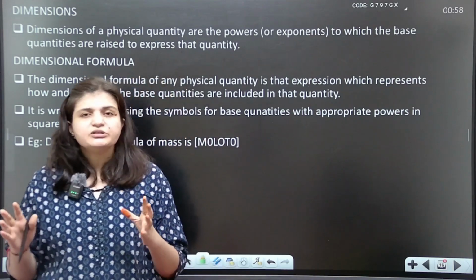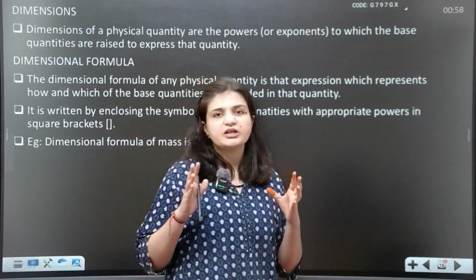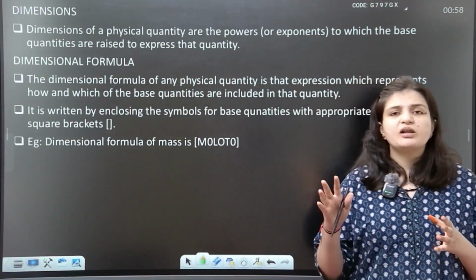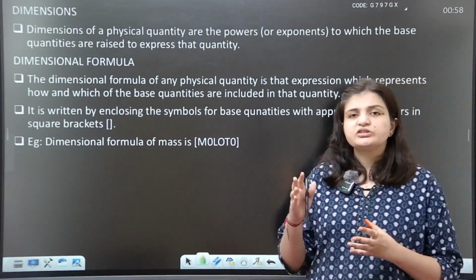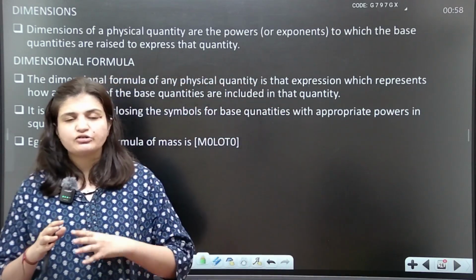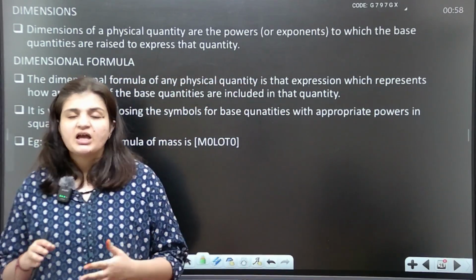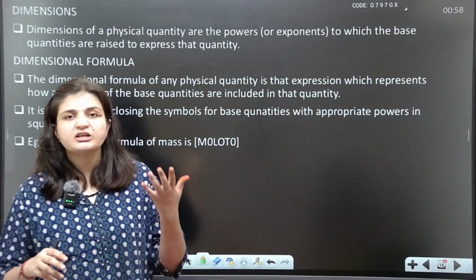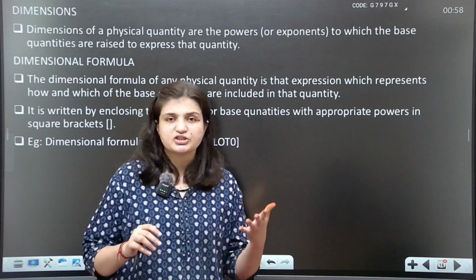So students, this is all about the units, how to measure the various quantities.